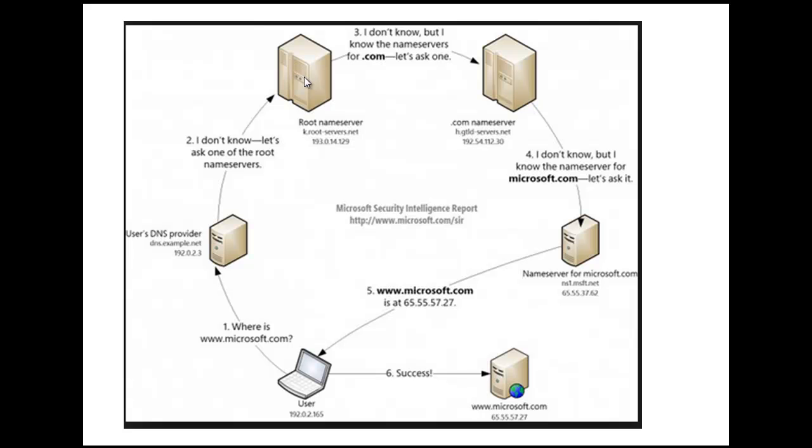If that server doesn't have the information, then your query will go to the .com server. And if that .com server does not have the information that you need, then your request will go to the Microsoft.com name server, which would be the name server for Microsoft.